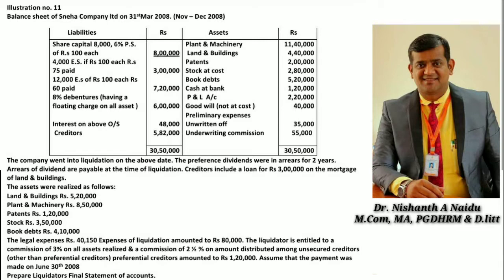Interest on above outstanding, that means interest on debentures outstanding 48,000. Creditors 5 lakh 82,000, total 30 lakh 50,000.